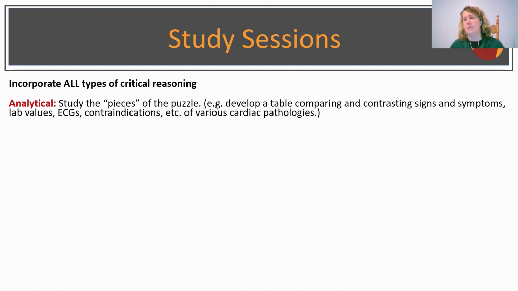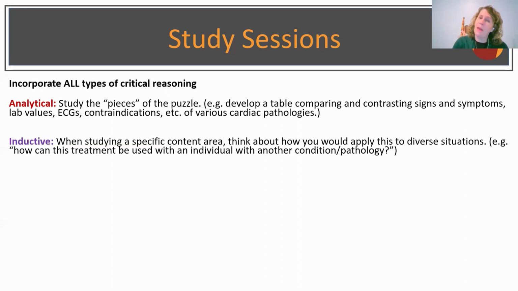Next column is going to be signs and symptoms, lab values, ECGs. Make a table. Study the pieces of the puzzle, compare and contrast. Then when these questions come up, you're going to have the answer. That could be neuropathologies for you. It could be the difference between venous and arterial insufficiency, but you need to be able to differentiate those things.